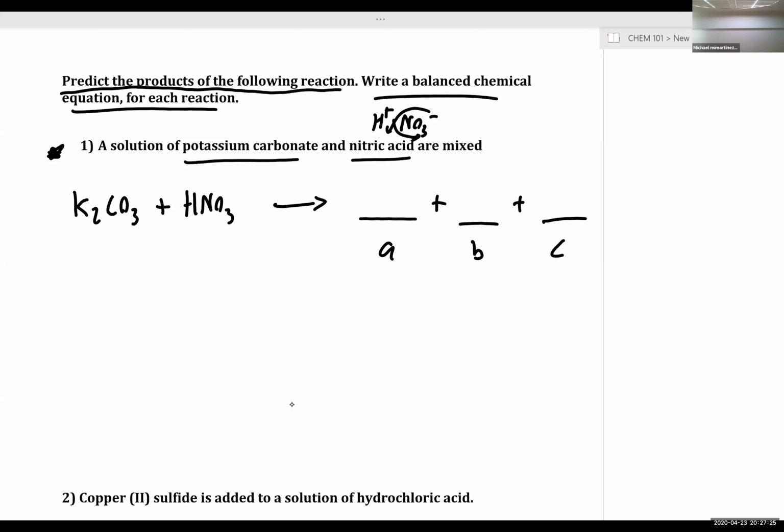Perfect, perfect. So we have a proposal for a complete balanced equation. Let's take a look at this problem now.